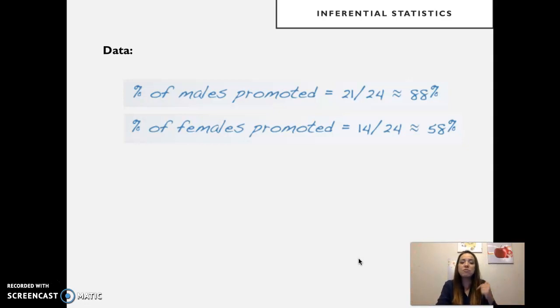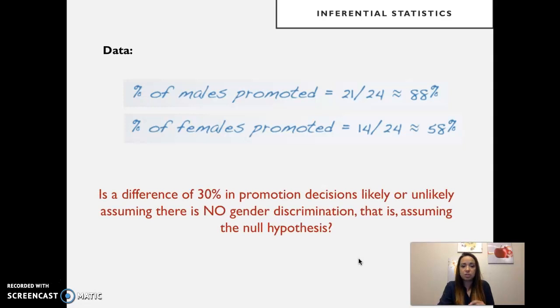So we found a difference of 30%. The question we must be asking in order to be critical about that data is the following: is a difference of 30% in decisions likely or unlikely, assuming that there is no gender discrimination?